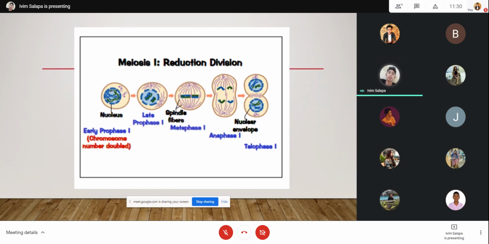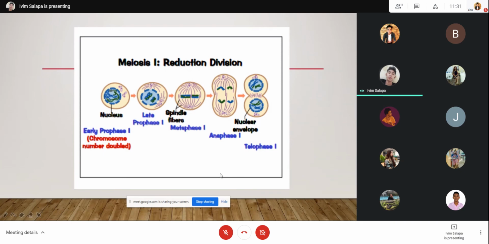After prophase, metaphase 1 occurs. After the spindle fibers travel from the opposite poles, they attach to the kinetochore of the chromosomes, the area called the kinetochore.